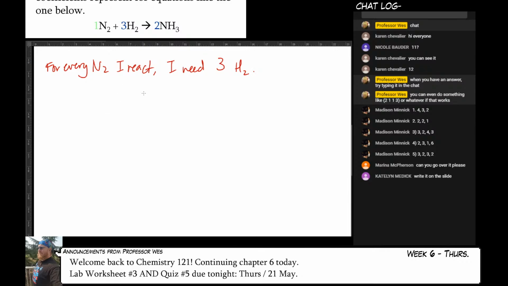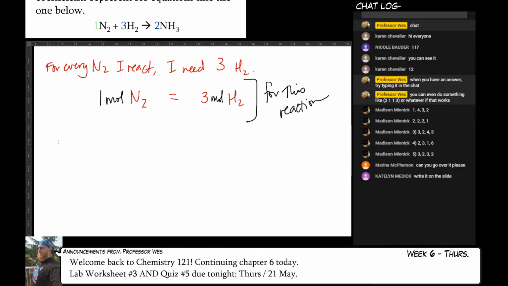And so what that would mean is that for every N2 that I react, I need 3 H2. And since we like to work with moles, we could do it like this. So for this reaction, this relationship is correct. For every mole of N2 I need, I also need 3 moles of H2.